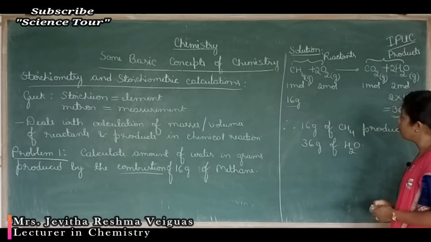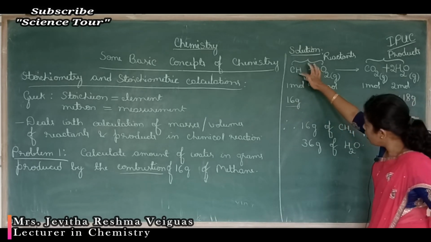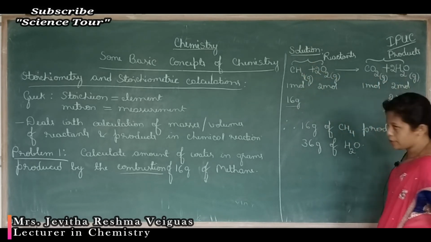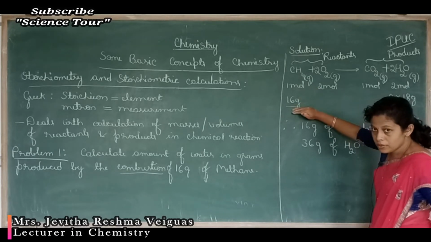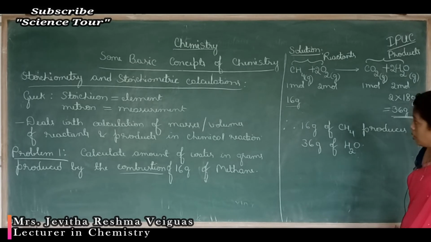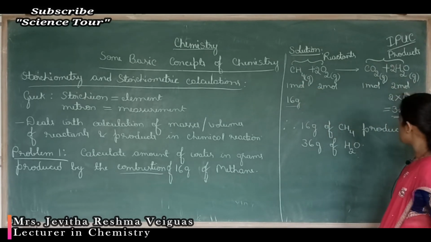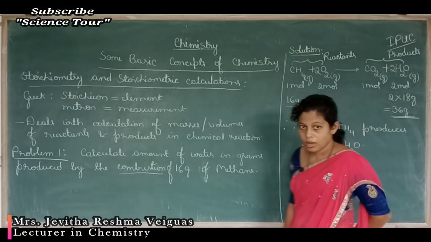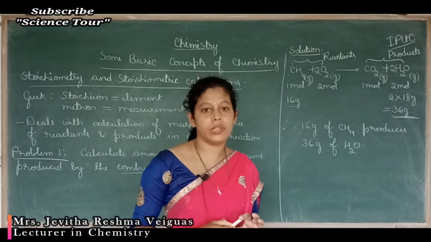So this is how we can relate mole to mass. We knew the moles of every substance. Mole is converted into mass. Mass of methane is related to mass of water. So this is how moles are related to mass and the mass of reactants and products are related. And this calculation is itself a stoichiometric calculation.